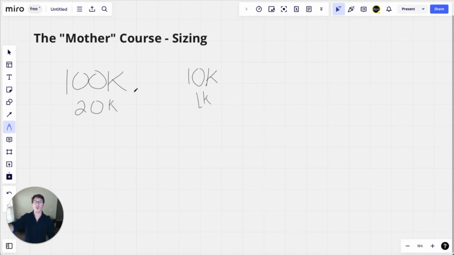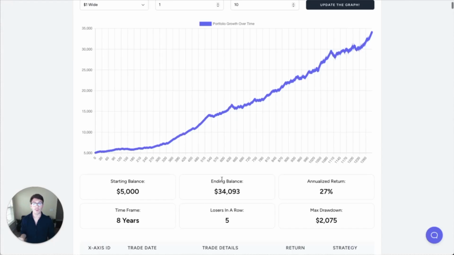Okay, so now that I have the $100,000 account example, I'm okay losing 20,000. In percentage form, how much am I okay losing of the $100,000 account? You just do 20 divided by 100, and that gives me, for easy math, 20%. I'm okay losing 20% after a losing streak period. What is our losing streak? We just showed here that 5 is our typical losing streak scenario.